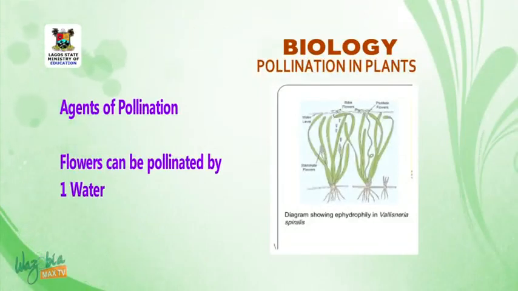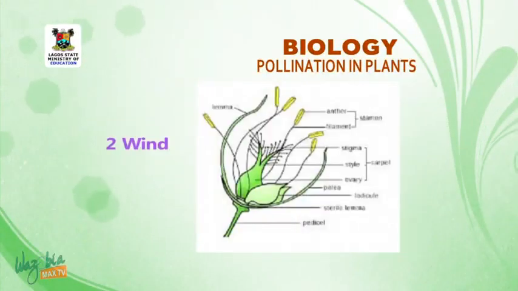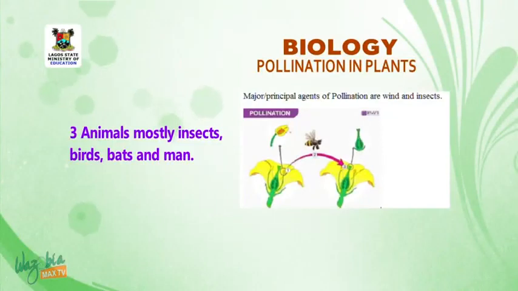Now let us look at the agents of pollination. Flowers can be pollinated by 1. Water. Look at the picture. 2. Wind. Look at the picture of the flower. 3. Animals, mostly insects, birds, bats, and man. Look at the picture.